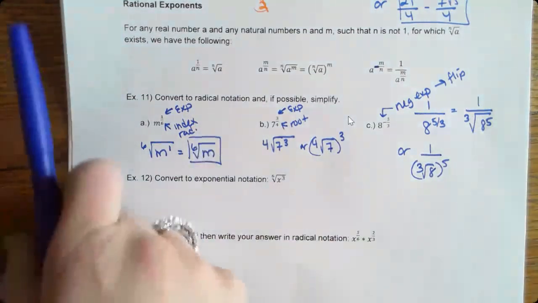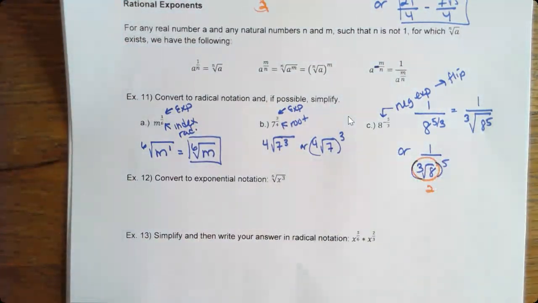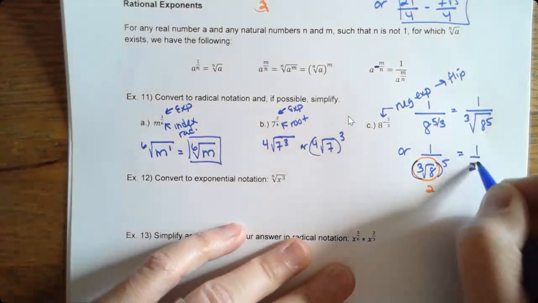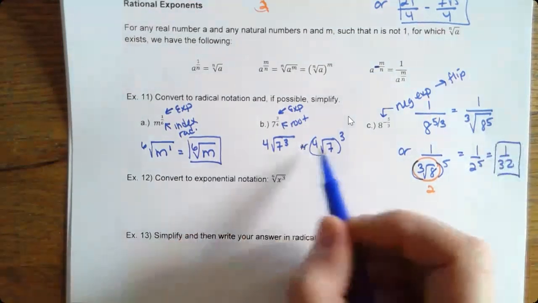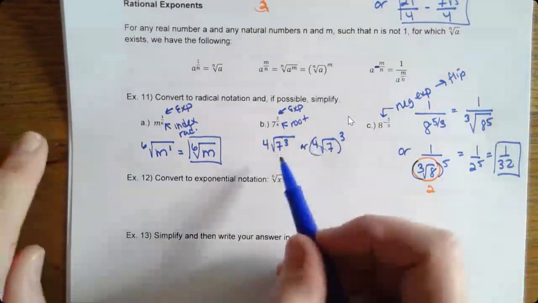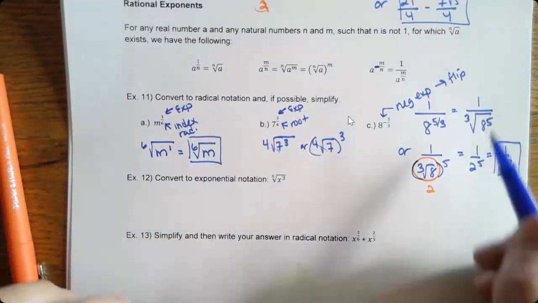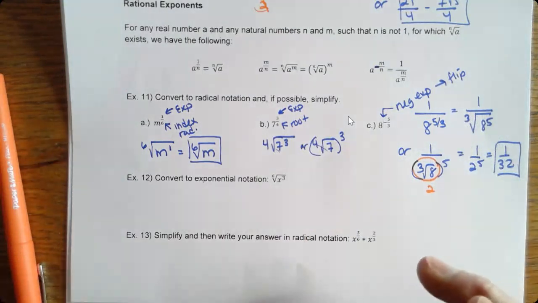Now in this particular case, this way is nicer because I know the cubed root of 8 is 2. We've seen this one already. So if you can simplify, you would want to. So this becomes 2 to the 5th, or 1 over 32. Here I can't do the 4th root of 7, and 7 cubed is very big. It doesn't help me either. So I can't simplify, but sometimes you can. So you do want to check to see if you can simplify it any further.